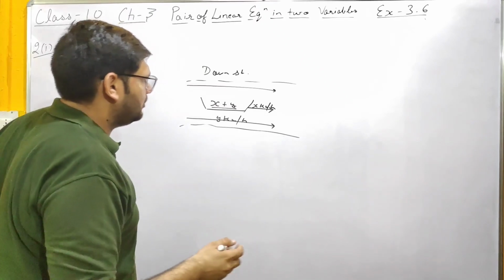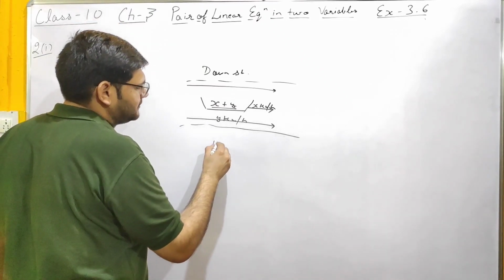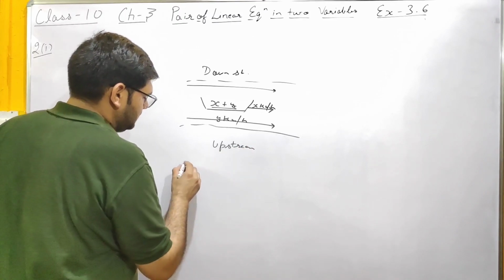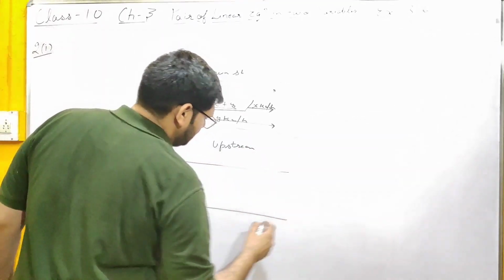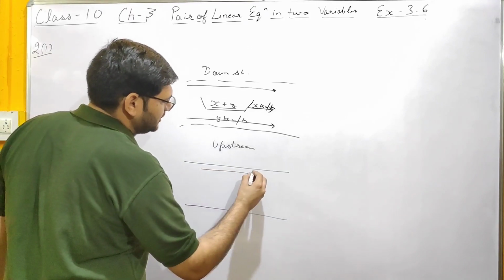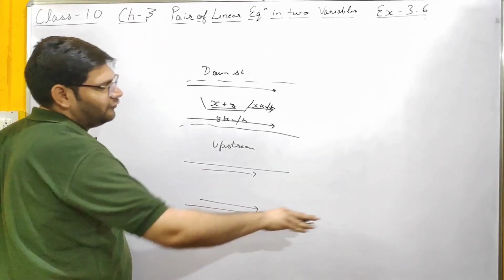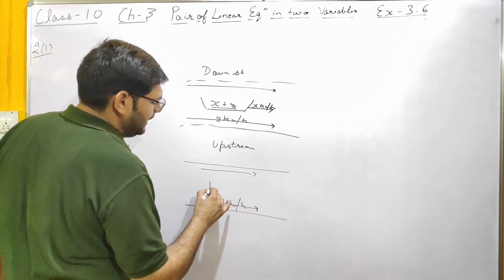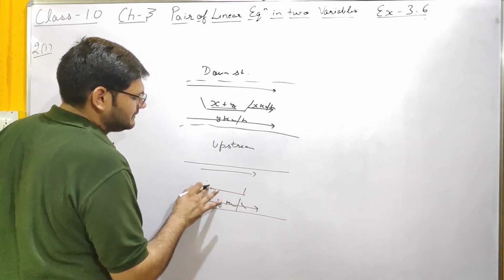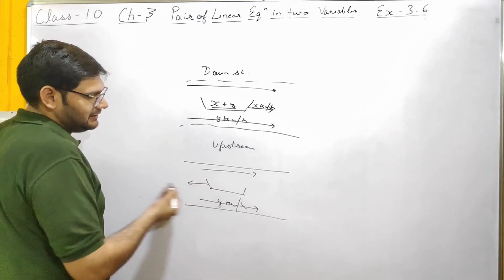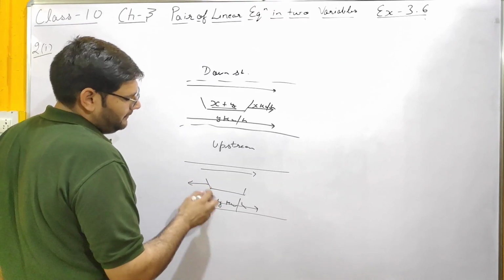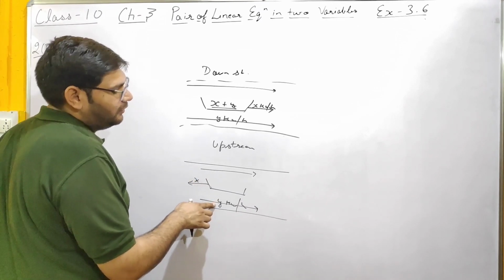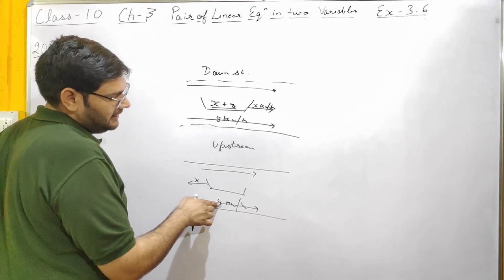Now let's talk about the case that is upstream. In upstream, she will be going in the opposite direction. Suppose this is the flow of water, flow of current, y kilometer per hour. And now in the boat, she is traveling in the opposite direction, this side. So now what will happen? Her speed is x kilometer per hour and the speed of the current is y.